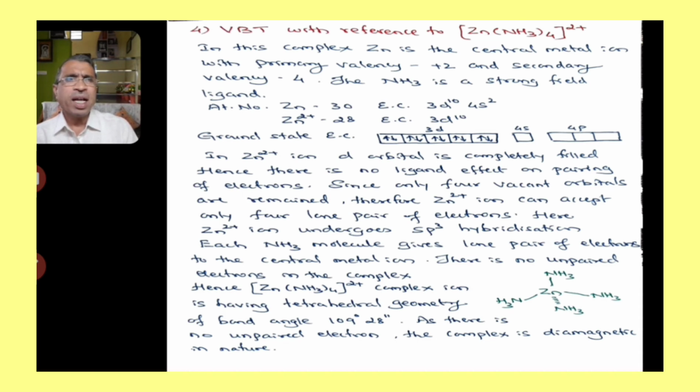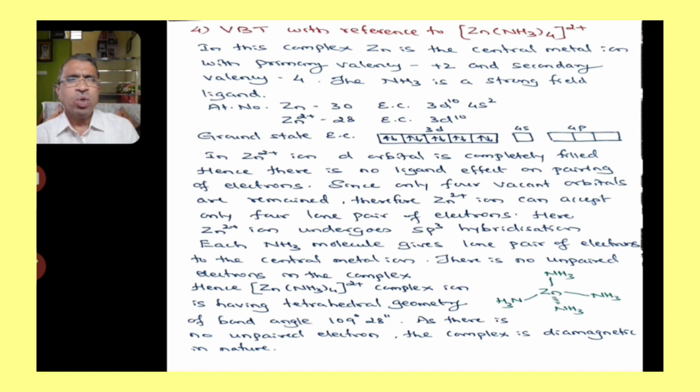The ground state electronic configuration, 3d10, shows that all the d orbitals are completely filled. In the zinc ion, the d orbital is completely filled, hence there is no ligand effect on pairing of electrons. Since only 4 vacant orbitals remain, the Zn2+ ion can accept only 4 lone pairs of electrons.